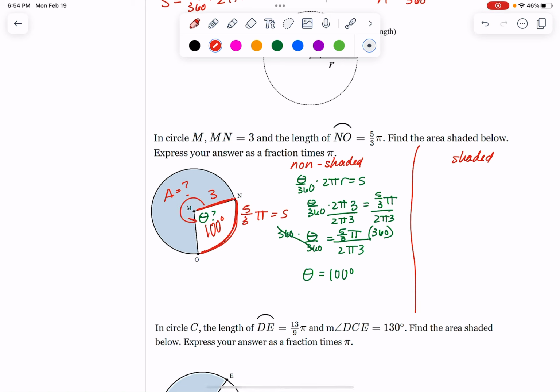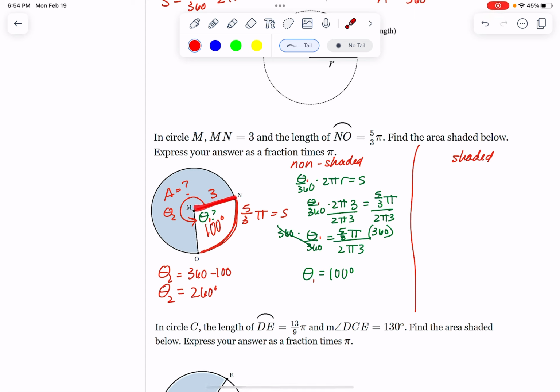The other theta, we're going to call that theta 1, we're going to call this theta 2. So theta 2 is 360 minus 100, so theta 2 is 260 degrees. So now that I know the radius and I know my theta, I can use that to find the sector area.